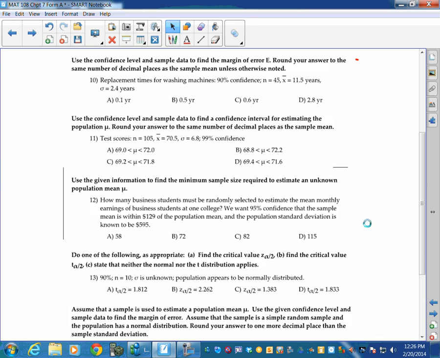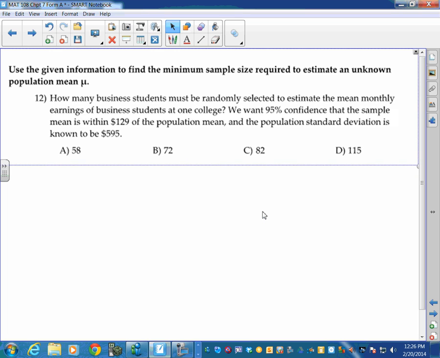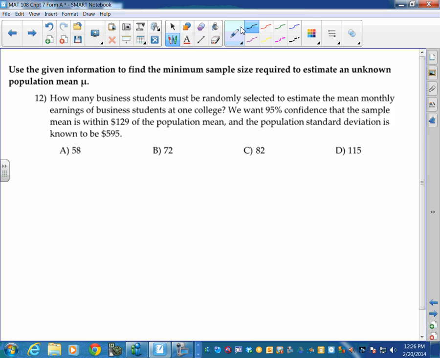So, for number 12, quiet please. It says, find the minimum sample size required. Minimum sample size required. What letter is that?